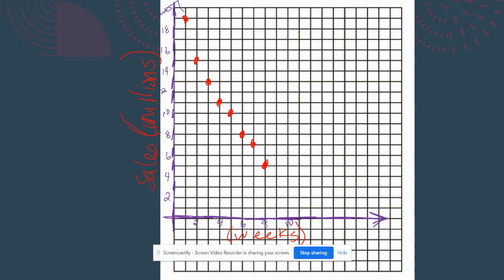So you can see it's not going to be a straight line if I were to actually connect those dots.